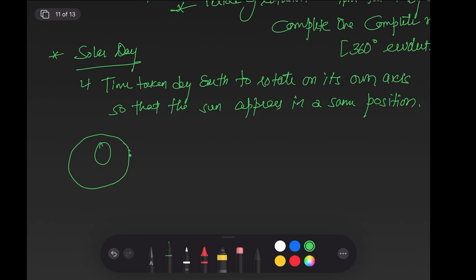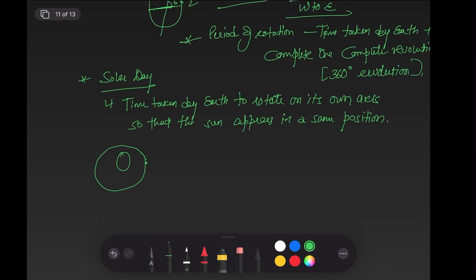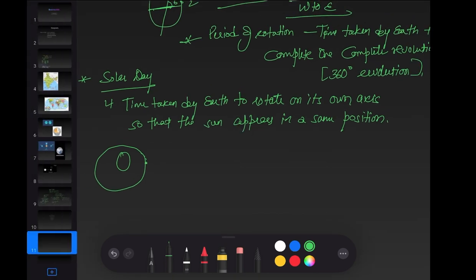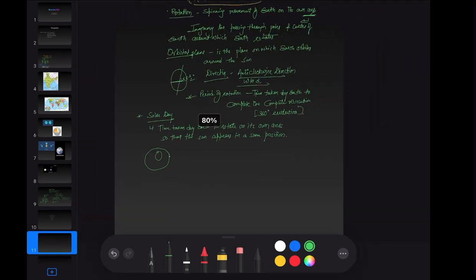So the concept of solar day and sidereal day we can understand better with the help of one animation.